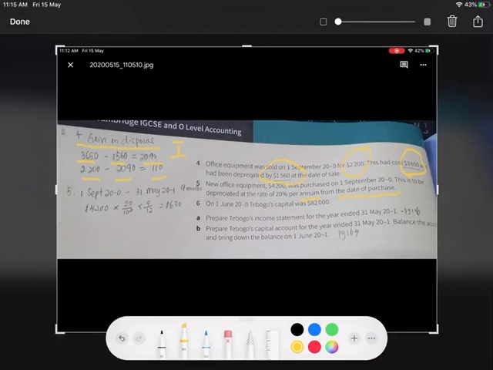For the calculation we use the cost times 20% times 9 months over 12 months, which gives the depreciation of $630.